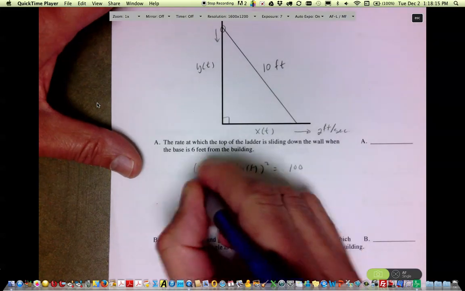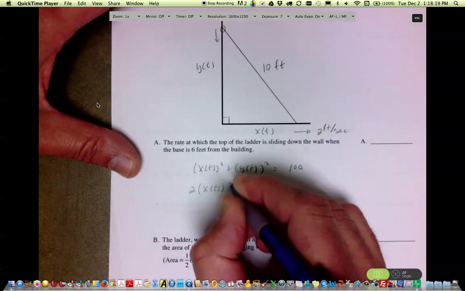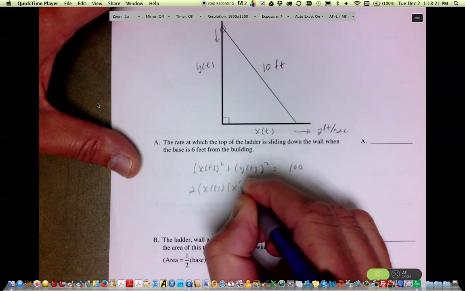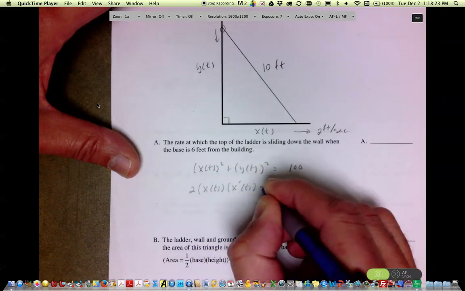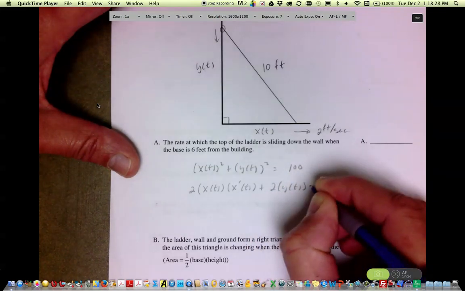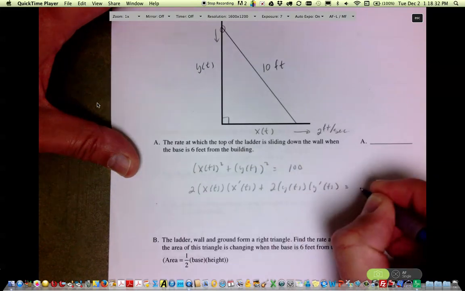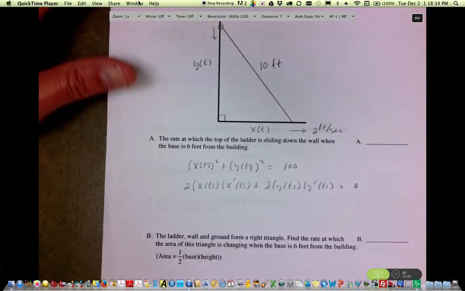Then, if you recall, the process was to take the derivative of everything with respect to t. Using the chain rule, we get 2x of t times x prime of t plus 2y of t times y prime of t, equal to the derivative of 100, which is just 0.